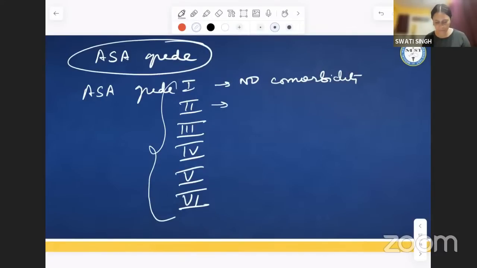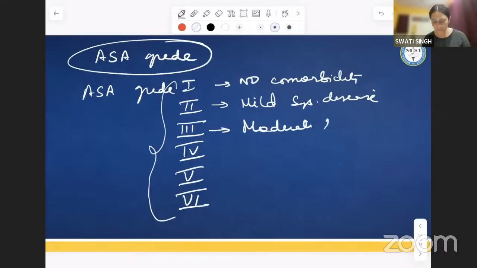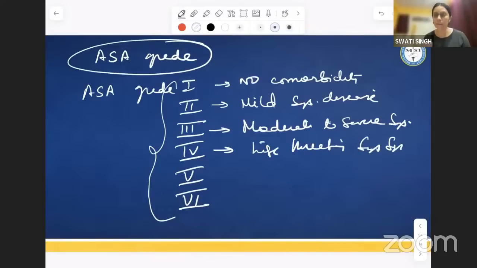ASA grade 2, mild systemic disease. Patient is having comorbidity, but is asymptomatic. 3 is moderate to severe systemic disease. In this, patient is symptomatic on strenuous work. 4 is life-threatening systemic disease, or systemic disease which is not compatible with life.